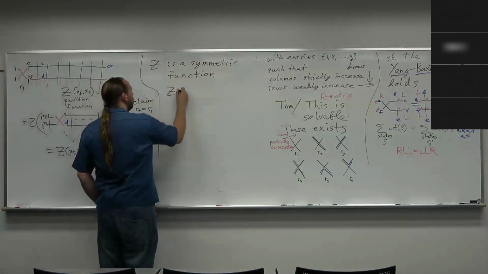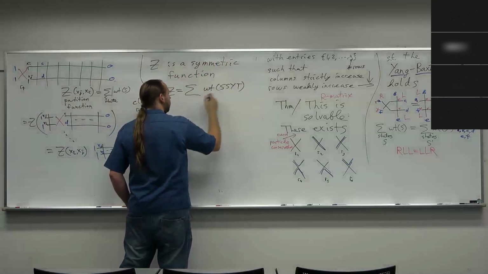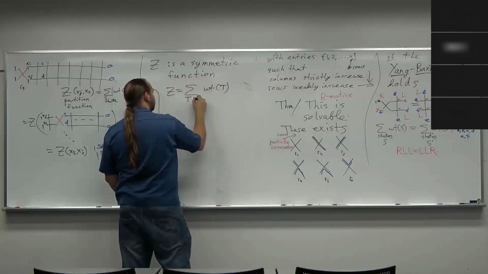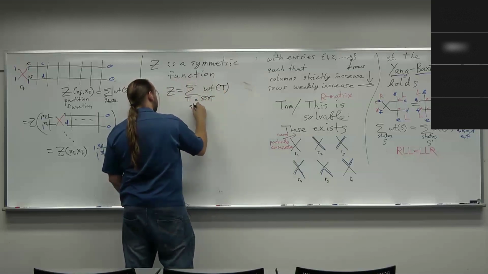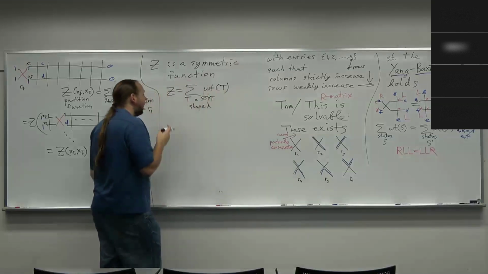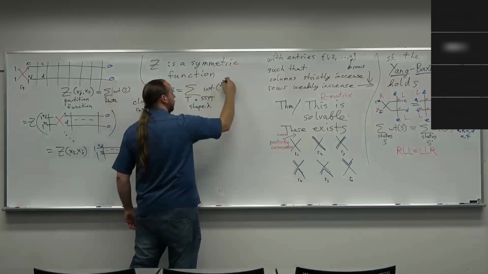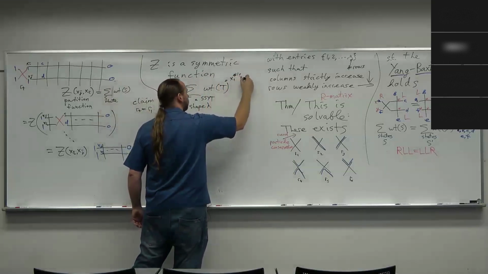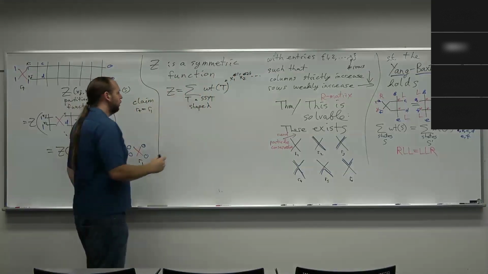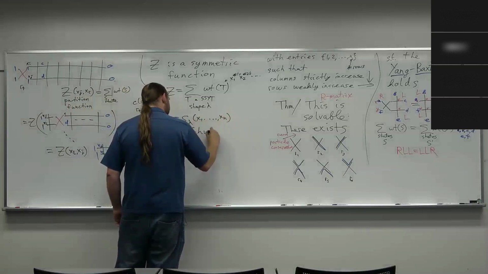And, well, we know that the partition function is a sum over the weights of the semi-standard Young tableau, let me call it T, T a semi-standard Young tableau of shape lambda, where the weight is just x1 to the number of 1s, x2 to the number of 2s, etc. So this is a symmetric function, and it has a special name. This is called the Schur function.